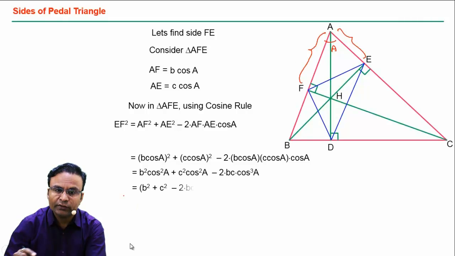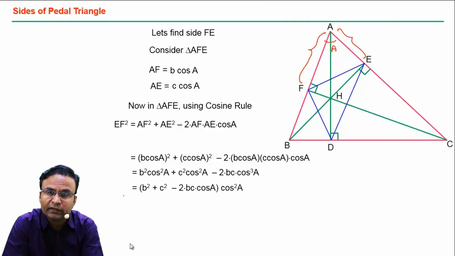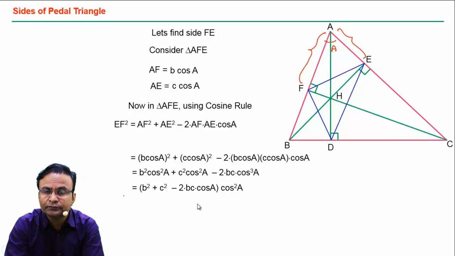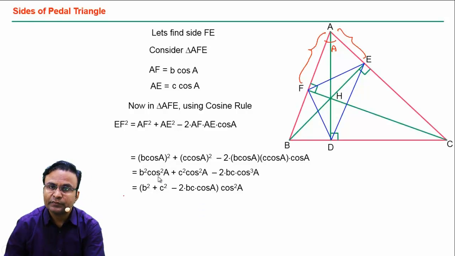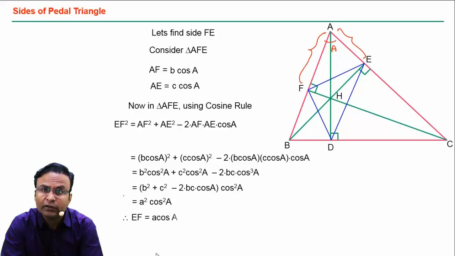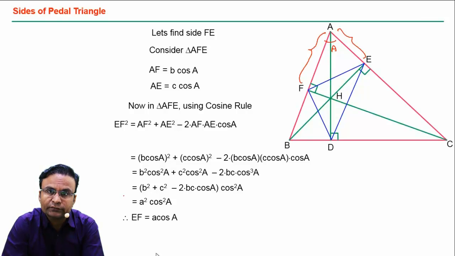So we have cos square A outside the bracket, and in the bracket b square plus c square minus 2bc cos A. Now what is this expression in the bracket? Again from the cosine rule, this expression is a square. So we have a square cos square A, so EF is equal to a cos A.